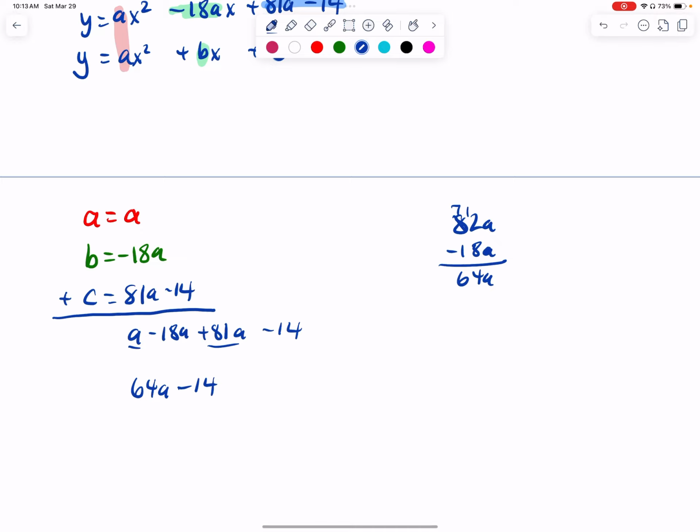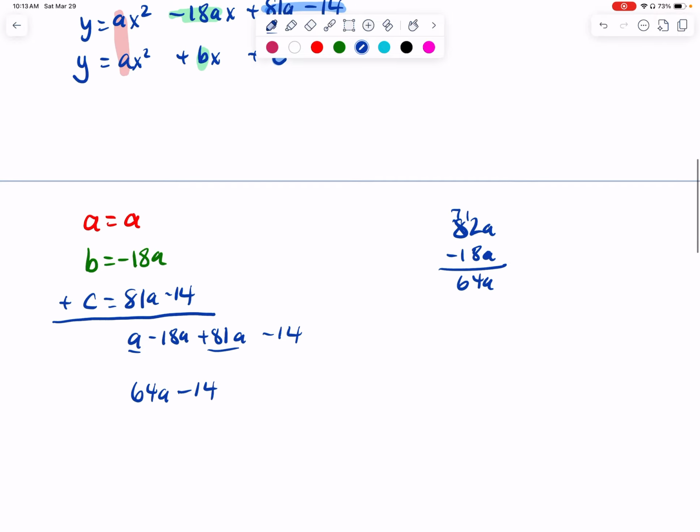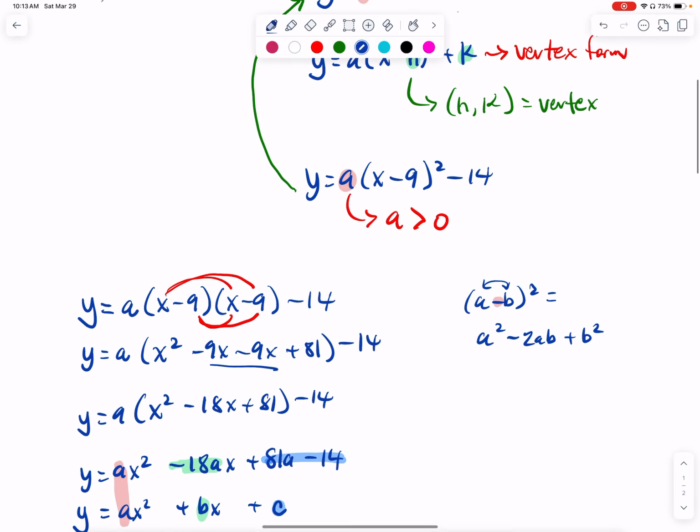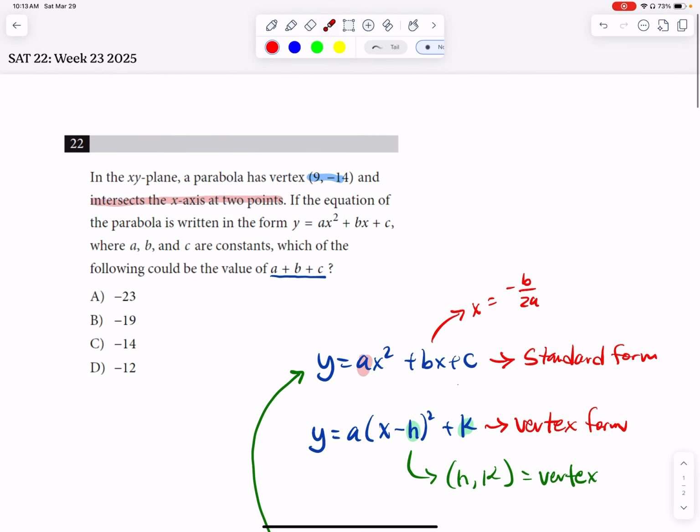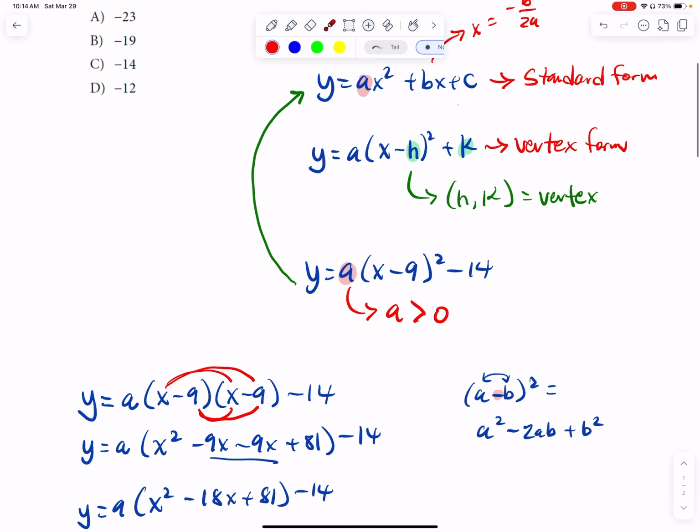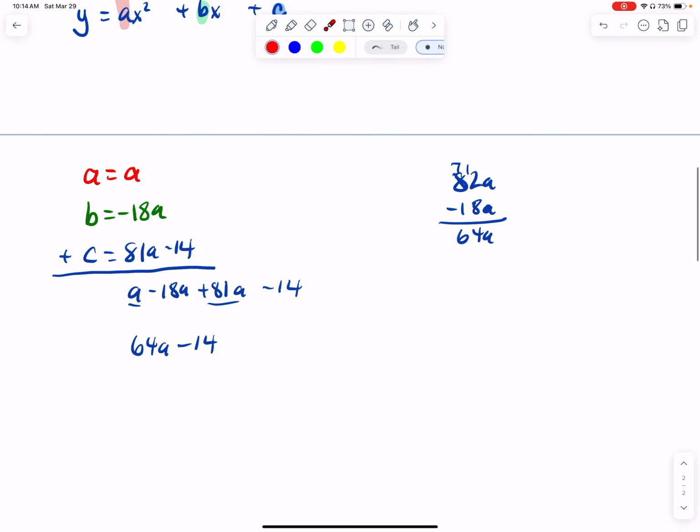Okay, so how the heck did this possibly help us? Well, what the question was asking us again was, what is the sum of a, b, and c? And we were able to use a little bit of algebra to see that a plus b plus c is exactly equal to just some expression in terms of a.